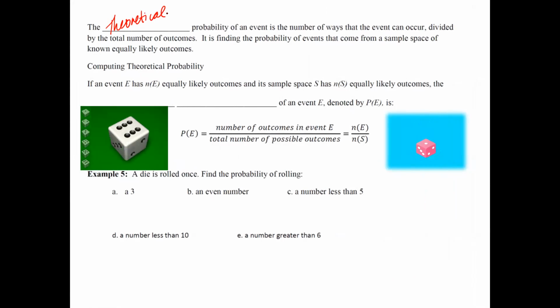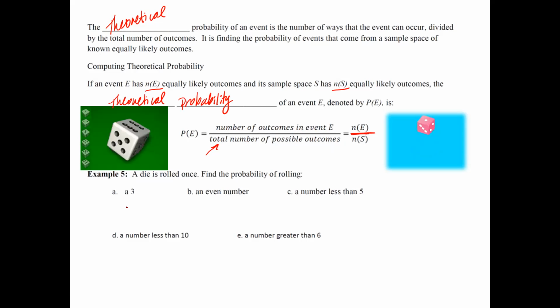If an event E has N of E equally likely outcomes and a sample space S has N of S equally likely outcomes, the theoretical probability of an event E, which is denoted by P of E, is going to equal the number of outcomes in event, N of E, divided by the total number of possible outcomes, N of S.